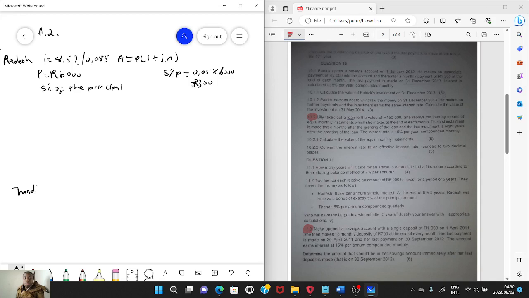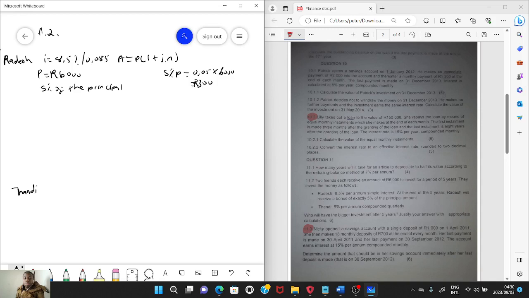That's 0.08, and because it's quarterly we divide by 4, or you can simply say 8% and divide that 8% by 4. That's the same thing. Tandy has a principal amount of 6,000, and then we've been told about the end.